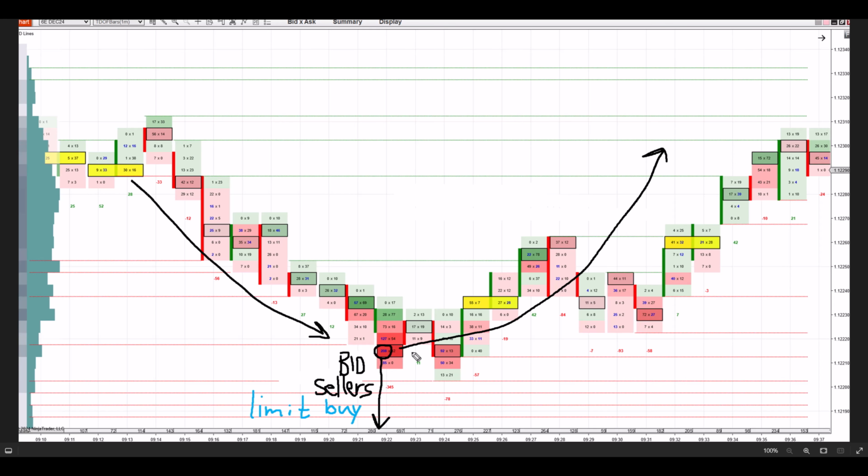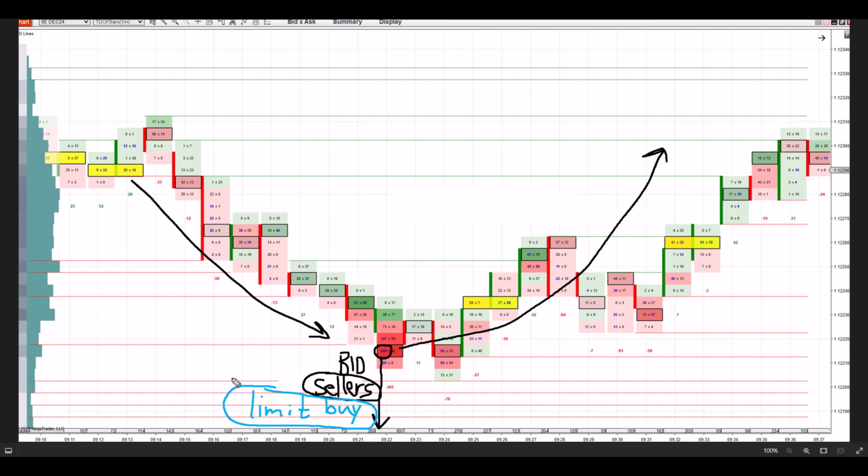So which one is it? Imagine this scenario: the price is dropping, then this huge order appears on bid, and which one is it? Is it a seller with a sell market order, or is it a buyer with a limit buy order? The order flow will never tell you this.